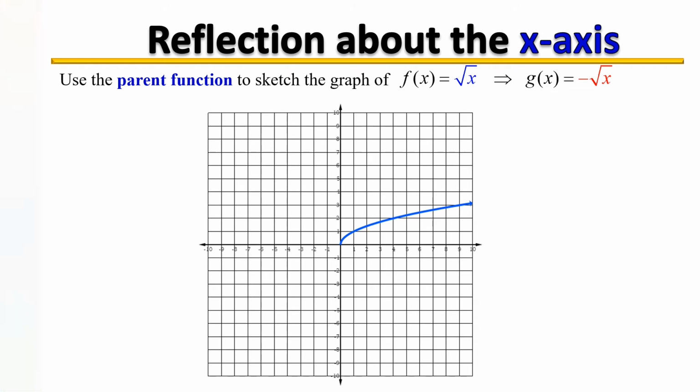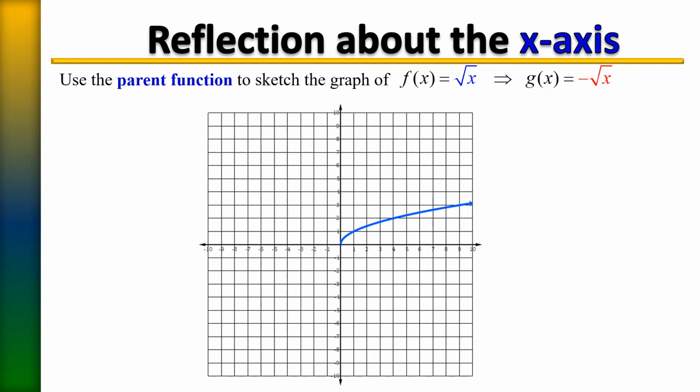In this example, we're going to use the parent function, the square root of x, to reflect the graph about the x-axis. The transformed graph, as you can see, is g of x equals the negative square root of x. How do you know that you're going to flip it or reflect it about the x-axis?